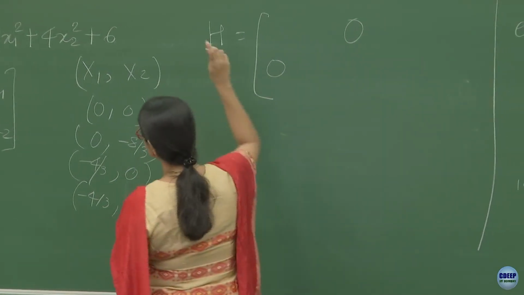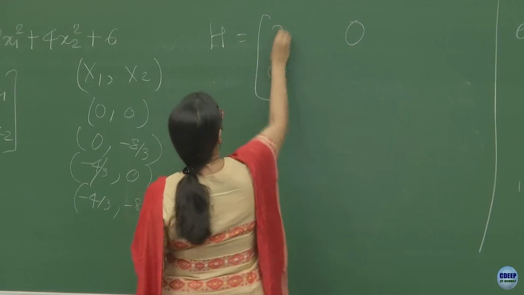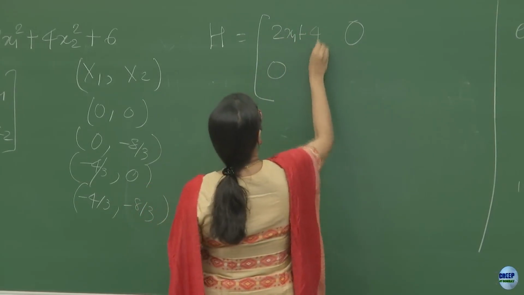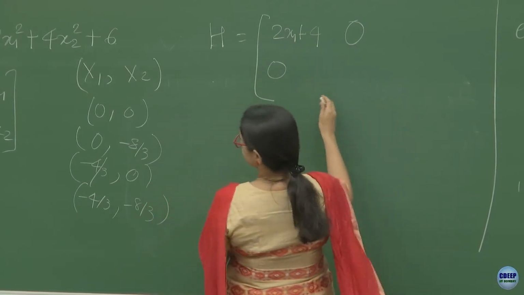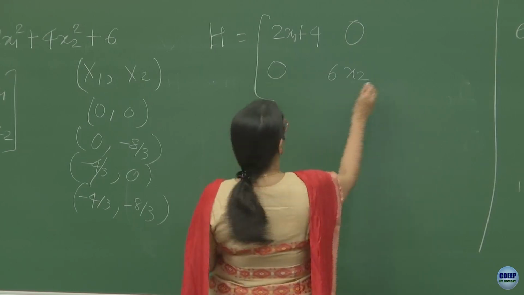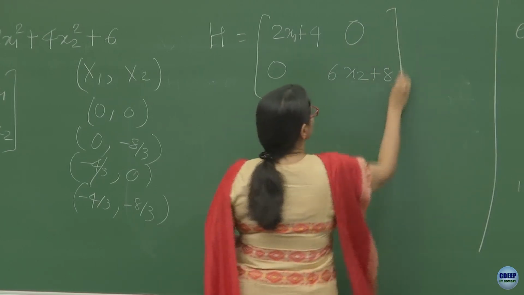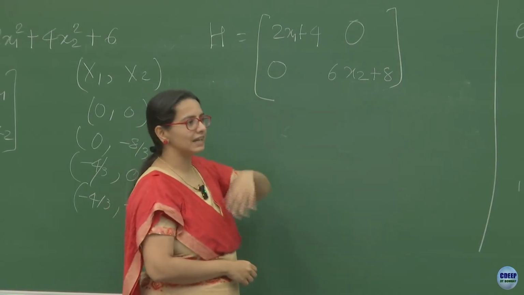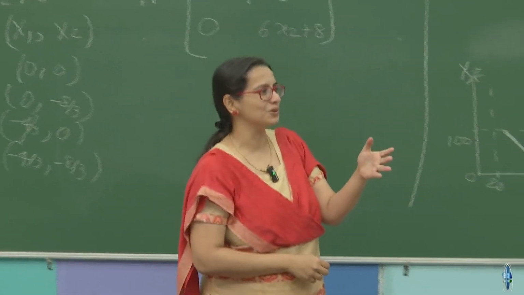Easiest part is done. So you have 2x1 plus 4 and 6x2 plus 8. Makes sense? And because it's a diagonal matrix, eigenvalues are going to be that much easier for you, right?